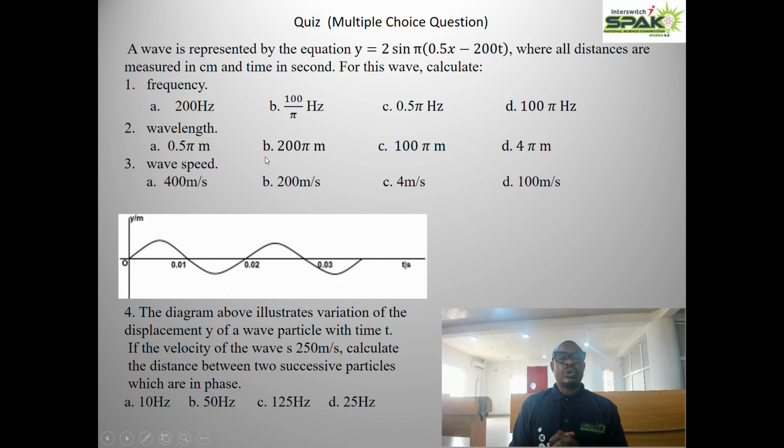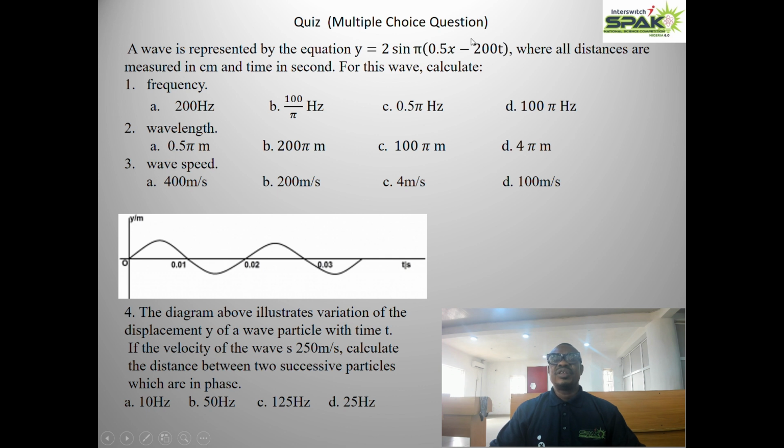All right. So what then is the frequency? How would you obtain your frequency? Quickly, let's have you do that. Okay. Your frequency, the answer, of course, should be B. But how can you obtain your frequency? So if you have this, my take is that 200t here I can have 2 pi ft.